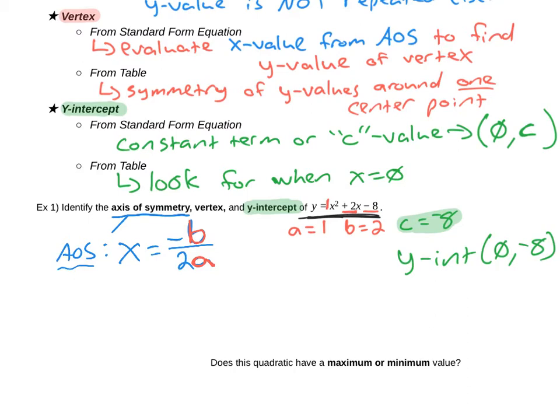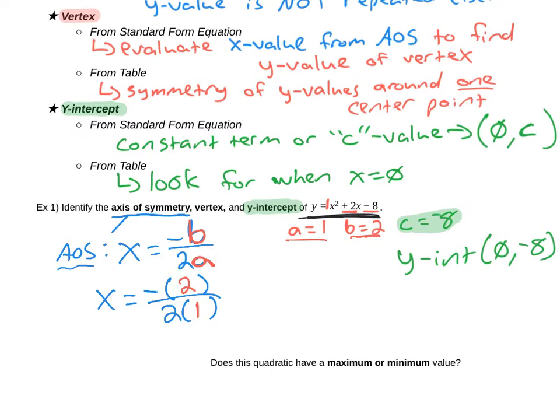Now let's go ahead and replace those using parentheses. X equals negative empty parentheses over 2 times empty parentheses. Up top, our b value goes in there. B value is 2, goes inside there, and a is 1, goes inside there.